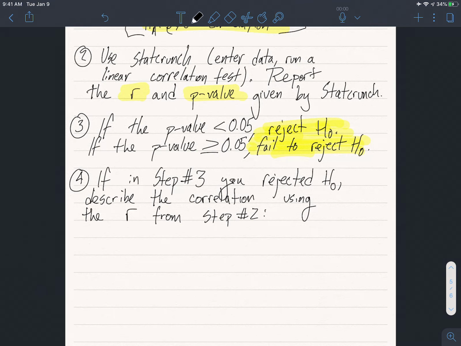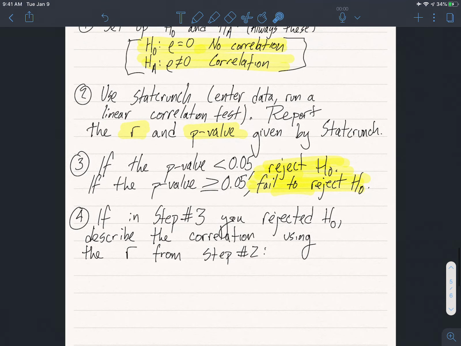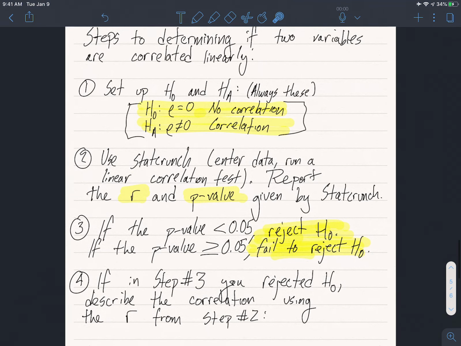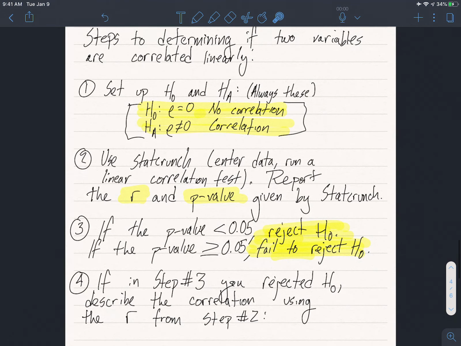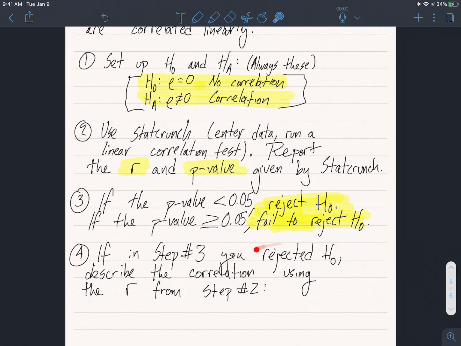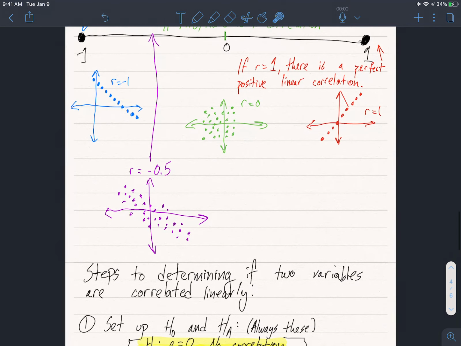Well, in step 2, you reported your R. When you reject H0, you're rejecting the idea that there is no correlation, which means you believe there is, right? If you are rejecting no correlation, that means that you think there is a correlation mathematically. So since rejecting H0 means you do believe they're correlated, step 4 is to get you to describe the relationship, right?